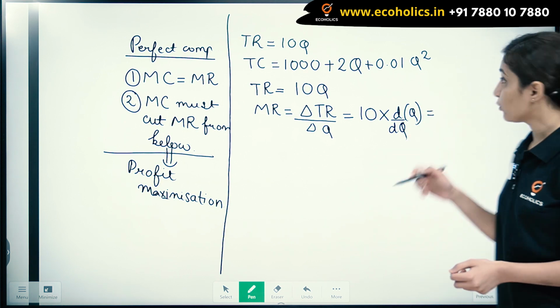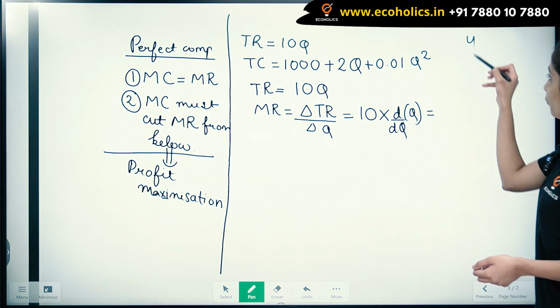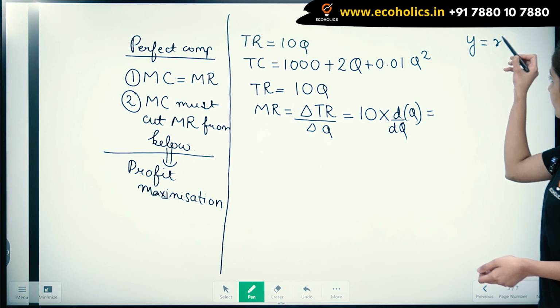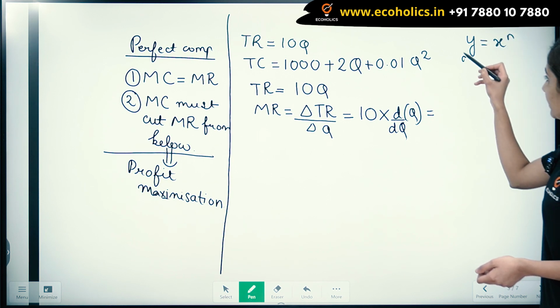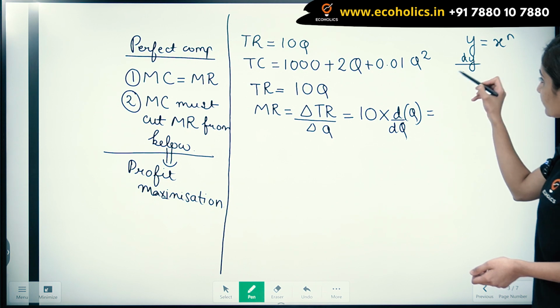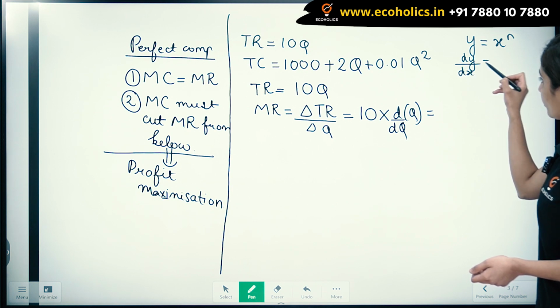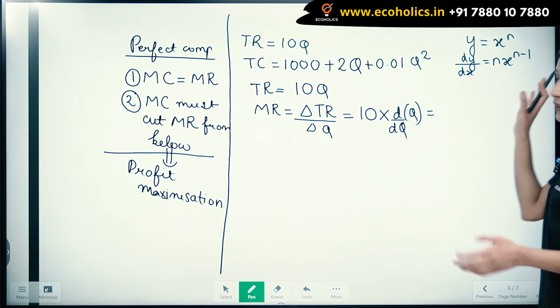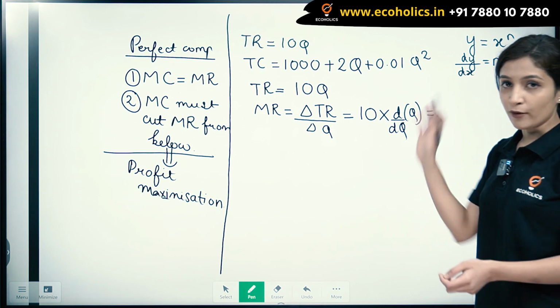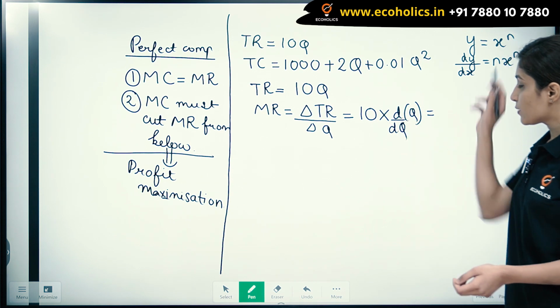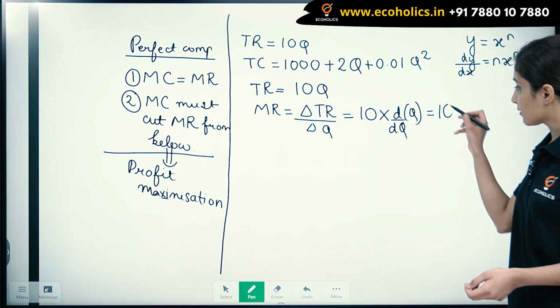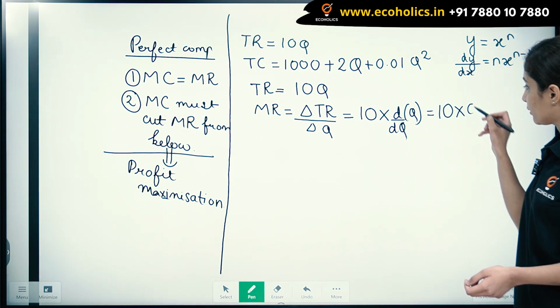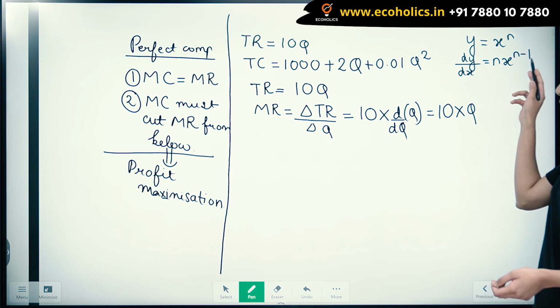Using our power function rule, that is, when y is equal to x raised to n, then dy by dx is equal to nx raised to n minus 1. So this is our power function rule now. So using this power function rule, what we get is 10 into q raised to 1 minus 1.